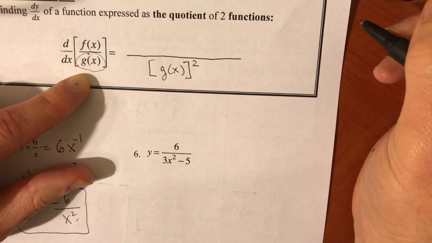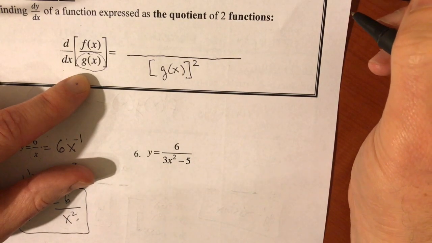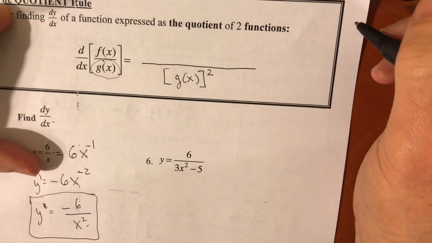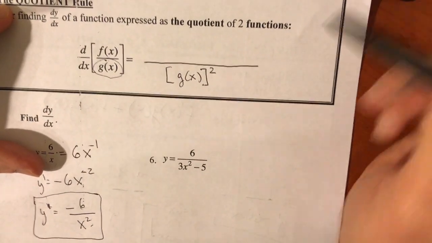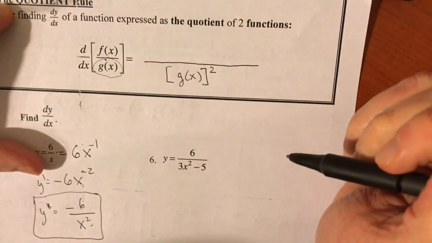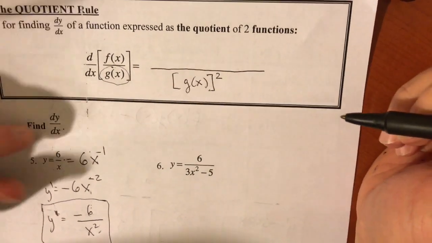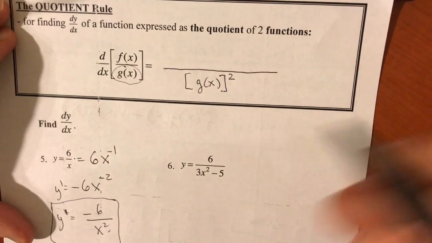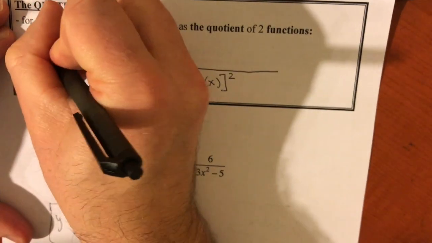Okay, so the numerator, however, will be very similar to the product rule. The numerator portion of it is very similar to the product rule. And here's also why I like that little a, b thing, because it organizes in a very similar way.